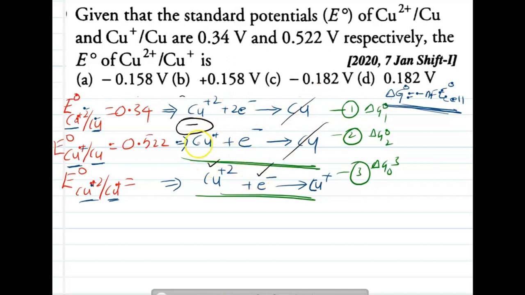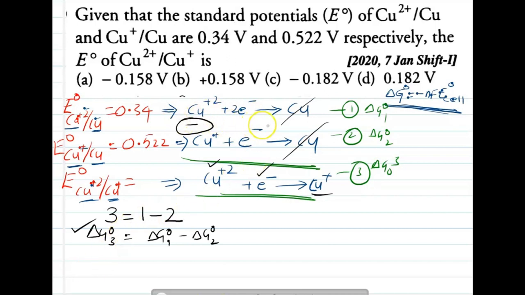Cu+ on the left side with a minus, if you send it to the other side, becomes plus Cu+. That means equation 3 is equation 1 minus equation 2. In the same way, delta G naught of 3 is equal to delta G naught of 1 minus delta G naught of 2. This is the key to solve this question.